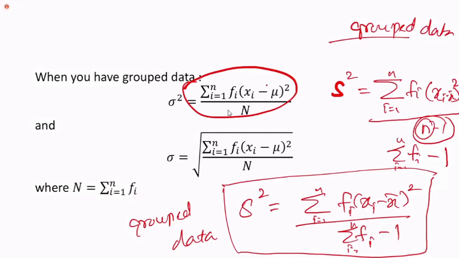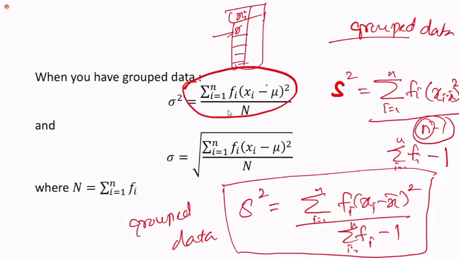So if you have a frequency table with class intervals, here you will have class intervals instead of xi values.